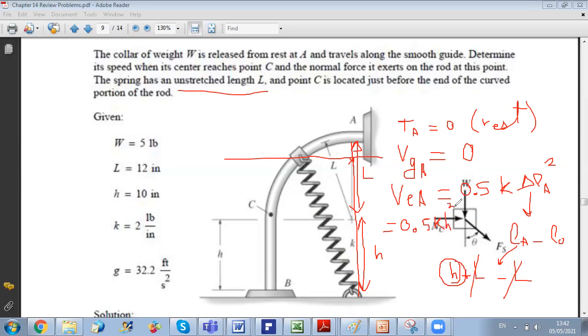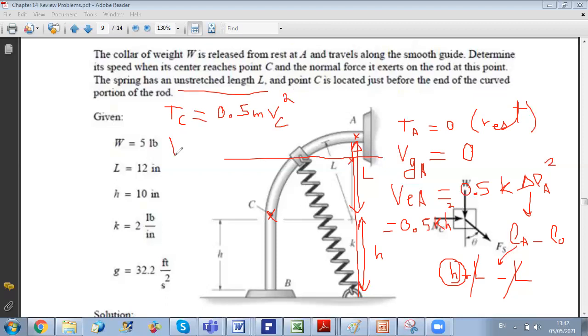So we are done with the parameters at point A. Now we will determine the parameters at point C. Concerning TC, it is unknown, and this is what we want to find from the conservation of mechanical energy. TC is 0.5 times the mass times the velocity at C squared.